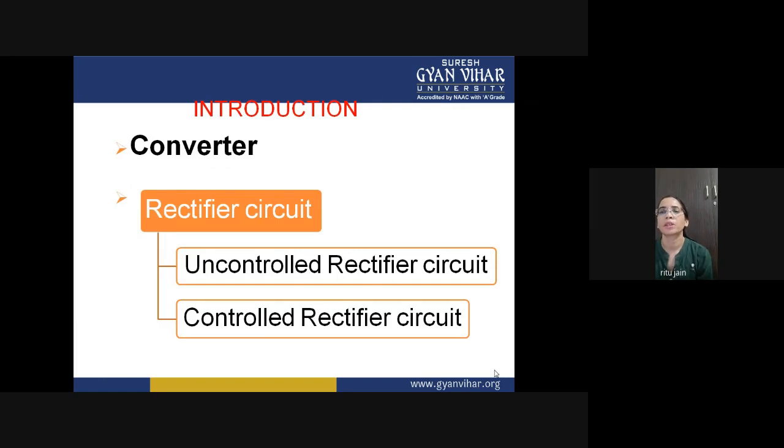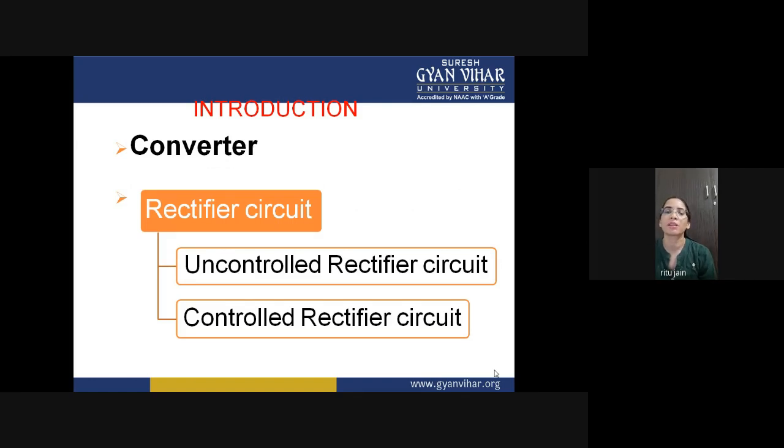Now, what is a converter? A converter may be a rectifier circuit, and it is divided into two parts: one is the uncontrolled rectifier circuit, another is the controlled rectifier circuit. What do you mean by uncontrolled rectifier?